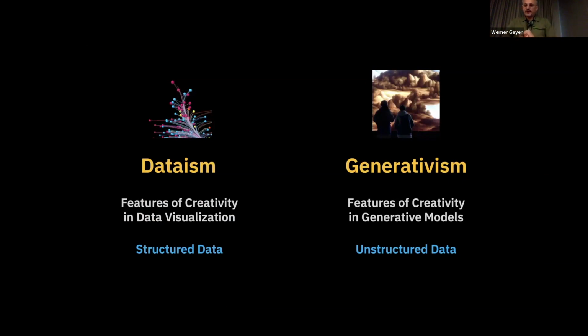Fundamentally, generativism is based on unstructured data and synthetic data, and dataism is, you can see I use this word like a form of religion, in a way that really inspires artists to identify a new type of aesthetic. So the core of my talk is about what type of aesthetic emerges when you use religion number one, dataism, and religion number two, generativism.